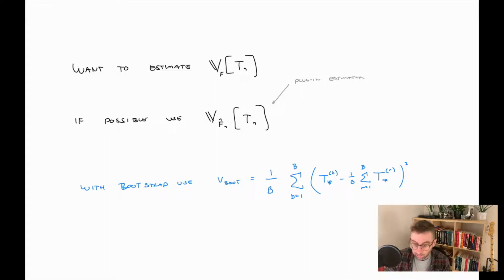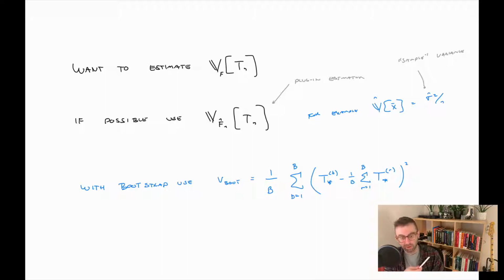Right? So for example, if our statistic was a sample mean, we would estimate that variance by sigma squared hat over n, where this sigma squared hat is, I'm going to call it, the quote unquote sample variance.